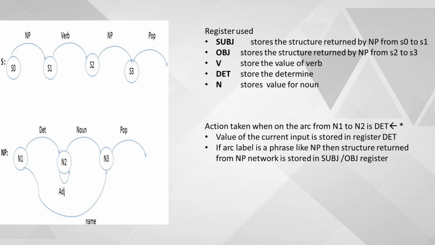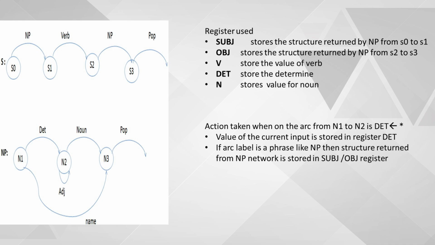For example, the BUILDQ command will build the entire structure. It will take the data from all the registers and build a structure. Jump requires simply to move to the next node. The similar diagram which we had seen in the RTN is now shown with the ATN specification commands. As we can see in the main network S, where S1 had an arc NP, now it uses push NP.